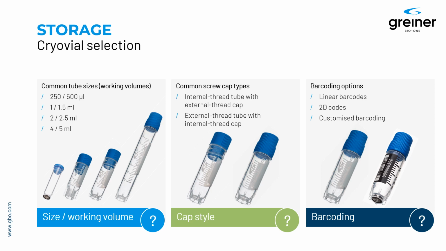We want to make you aware that these tubes exist, because these barcoding options, and we will see more about it later on, can actually help in your sample tracking. They also add automation compatibility, and also note that the barcodes on these tubes can be customized.